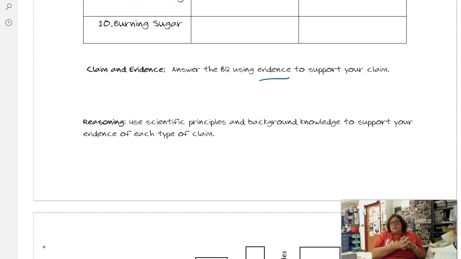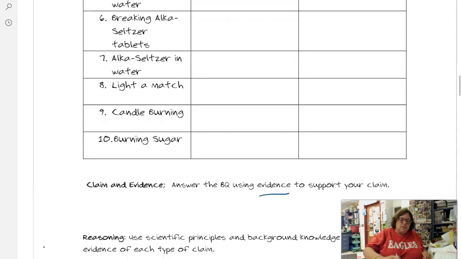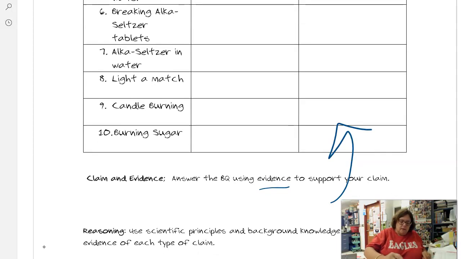We know this because we melted water and it is still the same thing. Or the water would have the same properties. Melted water, melted ice, duh. Or you might say melting water is a new substance because it gave off a lot of energy. Something along those lines. But use some of your evidence from up here. Okay?